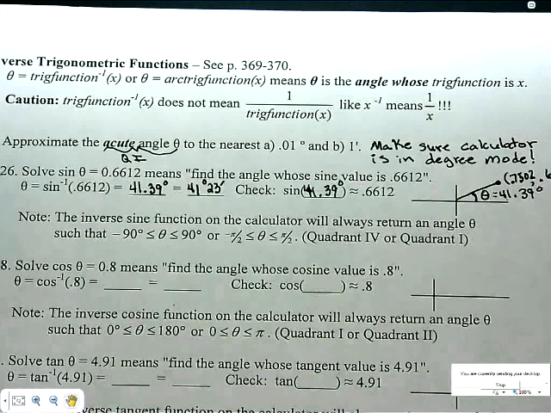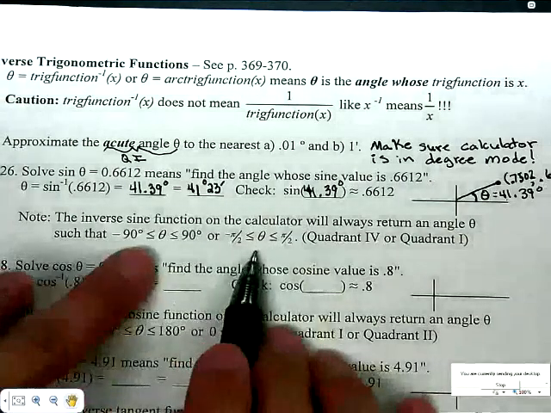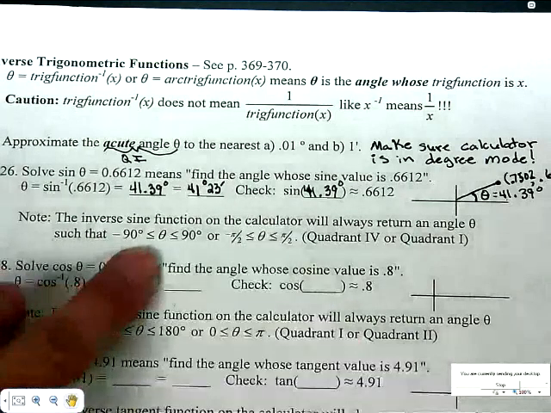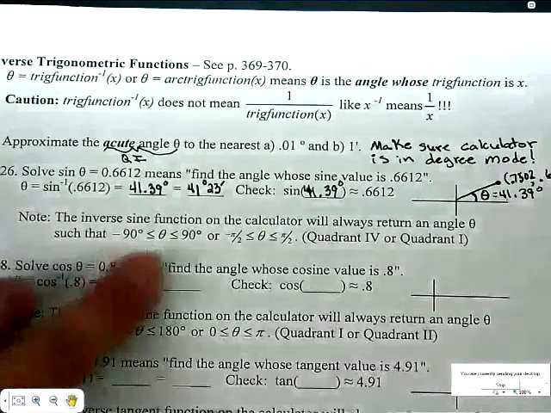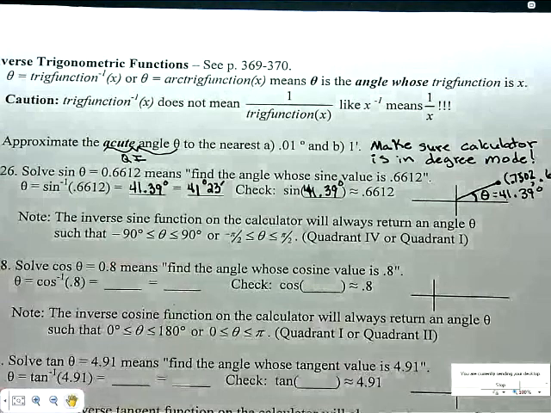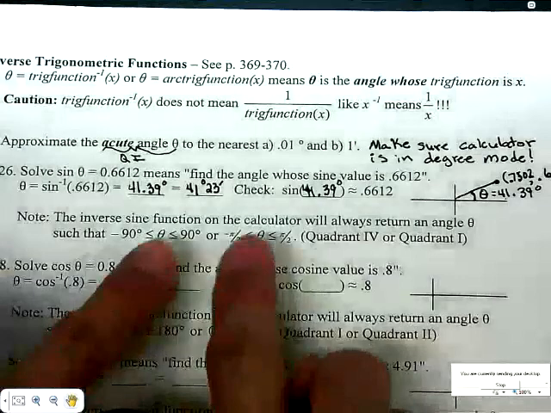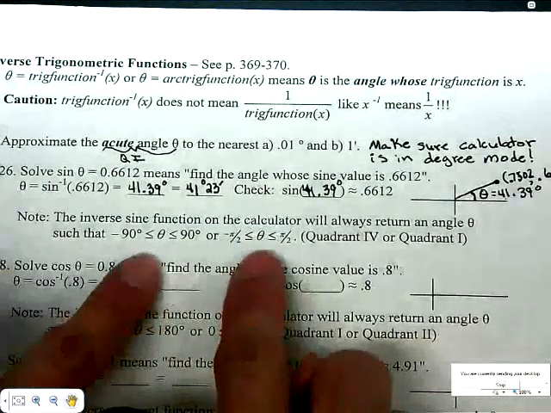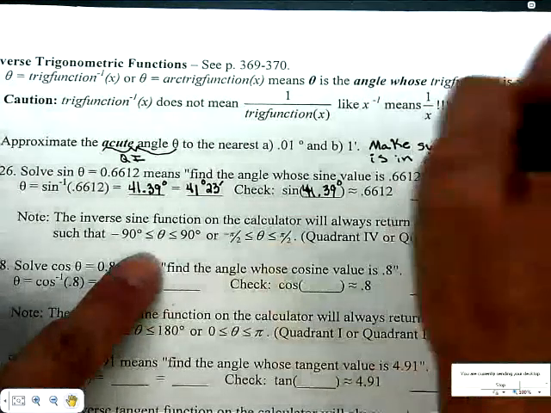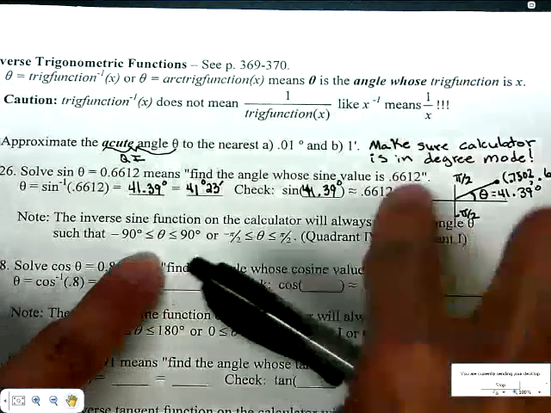All the math powers that be sat down one century and said, okay, we can't talk about the inverse of the sine function over its entire domain from negative infinity to infinity. So what little piece are we going to use? And for reasons we'll talk about more in chapter 6, they agreed, let's use the part of the sine function from negative pi over 2 to positive pi over 2, or negative 90 degrees to positive 90 degrees.